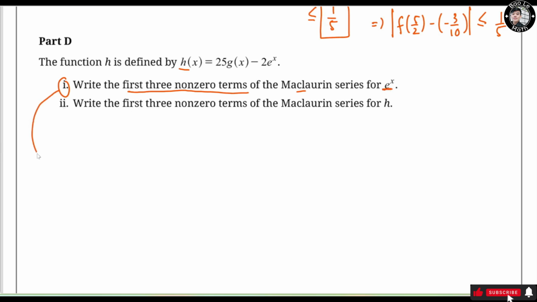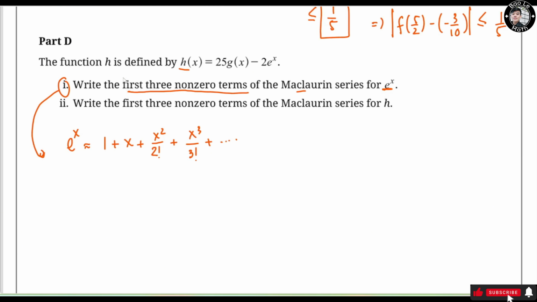Alright, so basically you just memorize the formula, right? It's very simple. So you have e to the s is approximately 1 plus s plus s squared over 2 factorial plus s cubed over 3 factorial plus etc. Right?